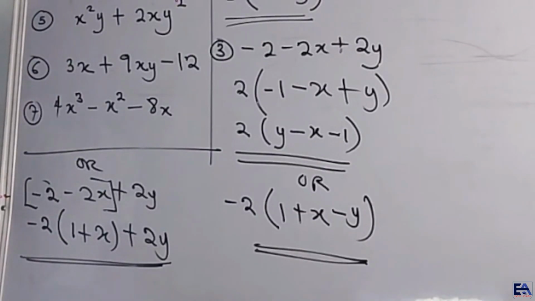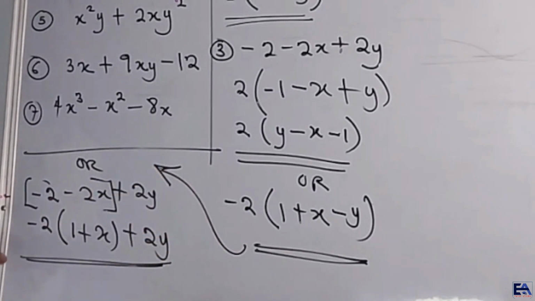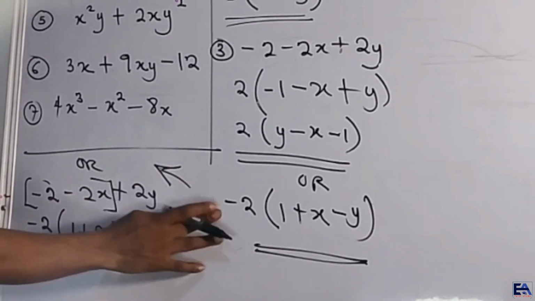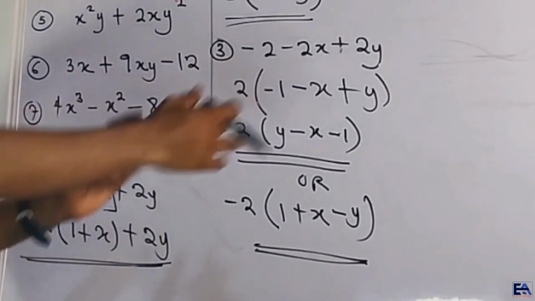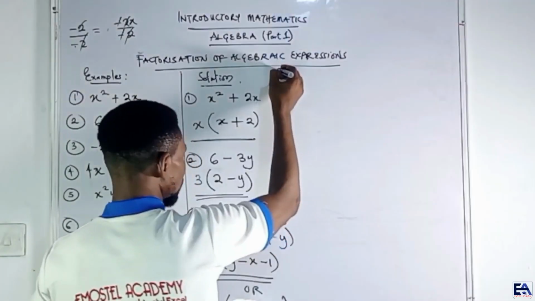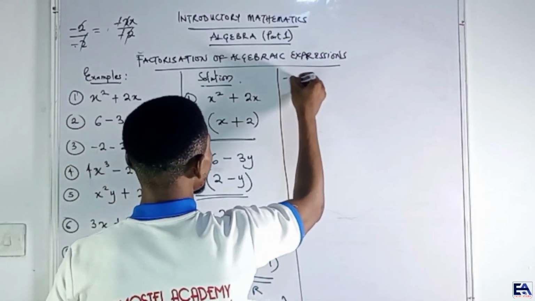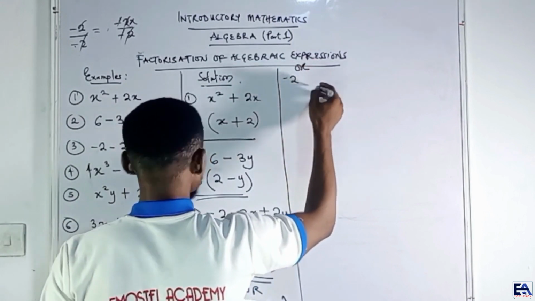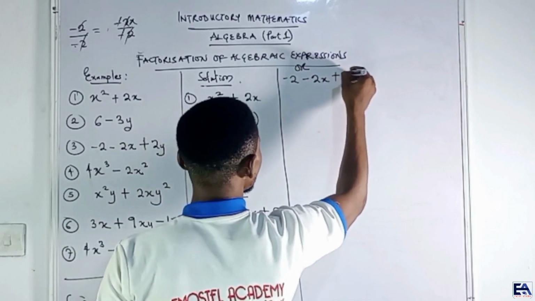Okay, and then we could as well group it the other way around. That is, instead of grouping it from here, we can group it the other side. So let's have it. The question says minus 2, this other alternative, minus 2 minus 2x, and then plus 2y.